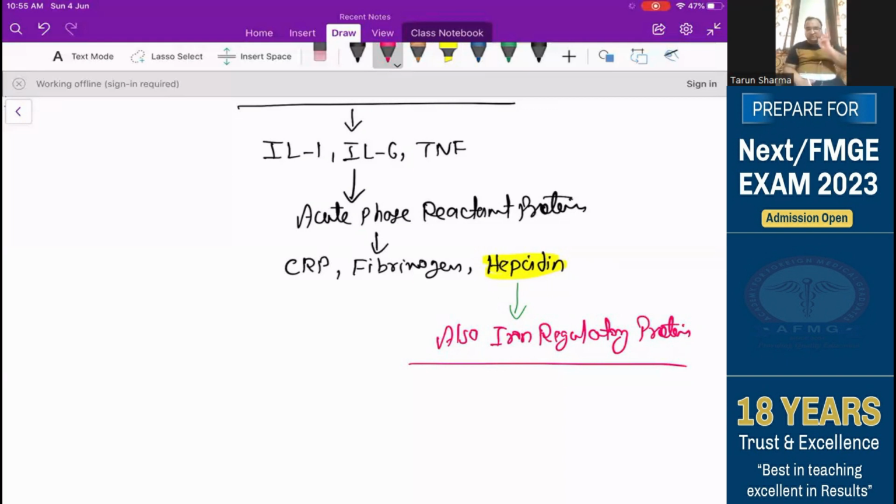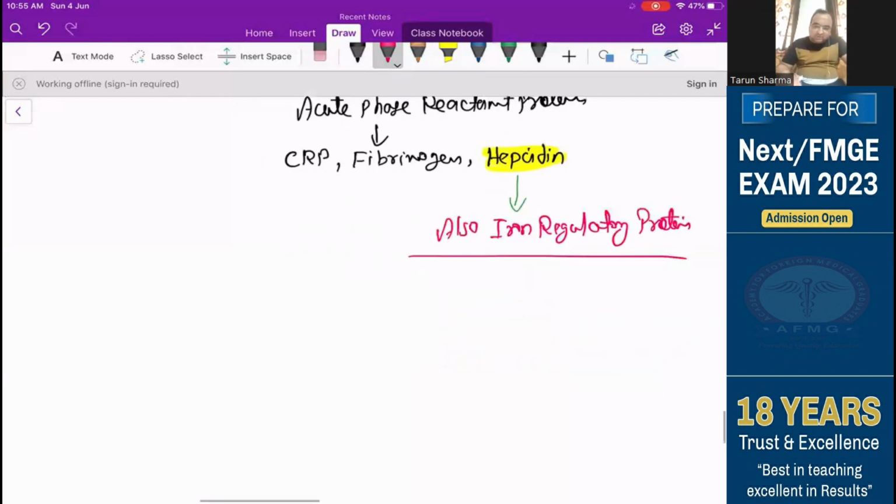So hepcidin has two important things. First, it is an iron regulatory protein. Second, it is also an acute phase reactant protein. In chronic inflammatory states, hepcidin levels are increased just because it's an acute phase reactant protein. But by virtue of its normal nature, it is also an iron regulatory protein.